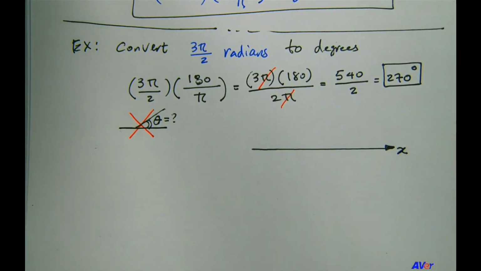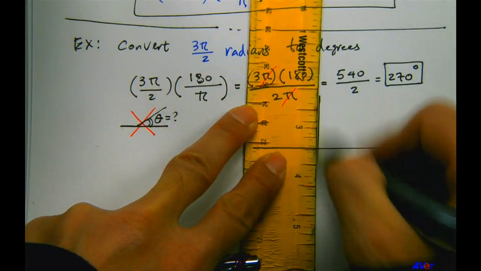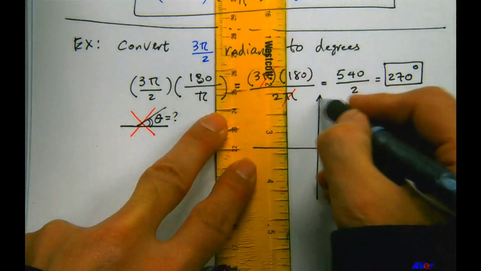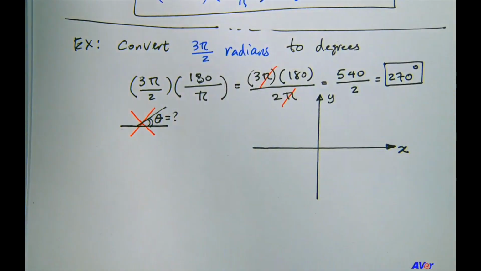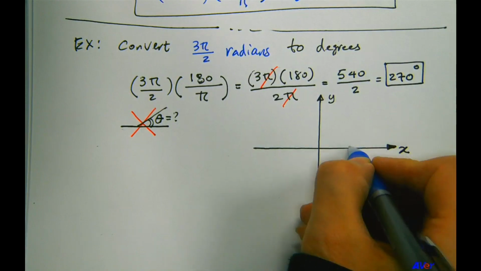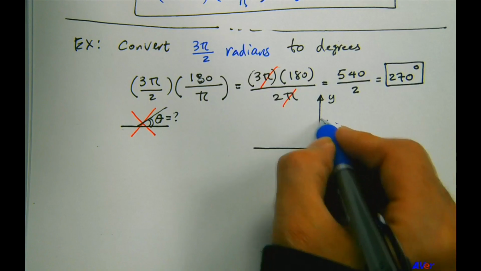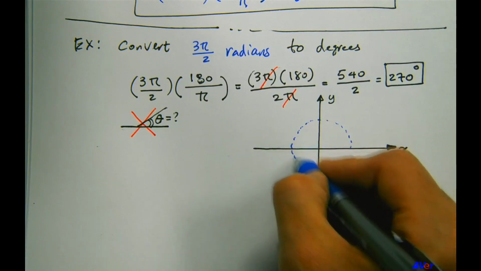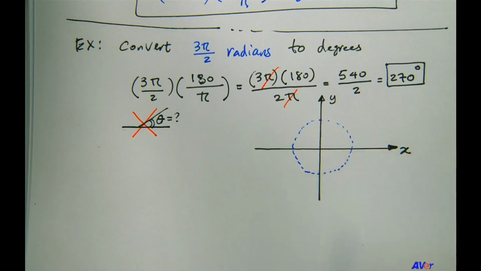So that is x, and this is y, let's suppose, like that. And let me just draw a rough sketch of a circle with a dashed line.